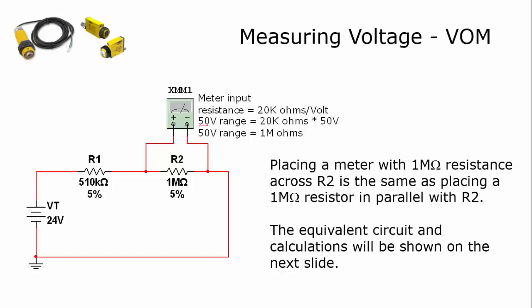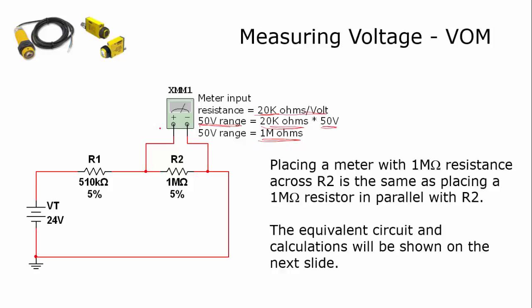Since I'm on the 50 volt range and it's 20,000 ohms per volt, the input resistance to the meter will be 20,000 ohms times the 50 volts, which gives me an input resistance on the 50 volt range of 1 megaohm.